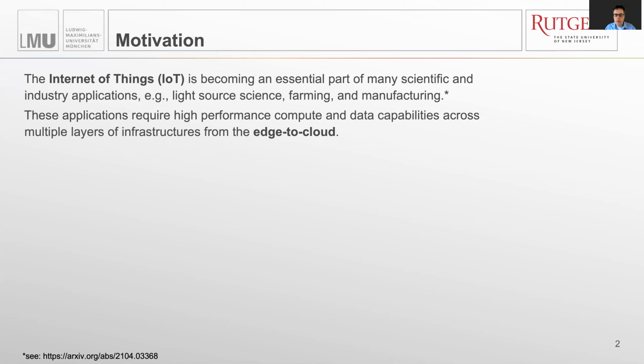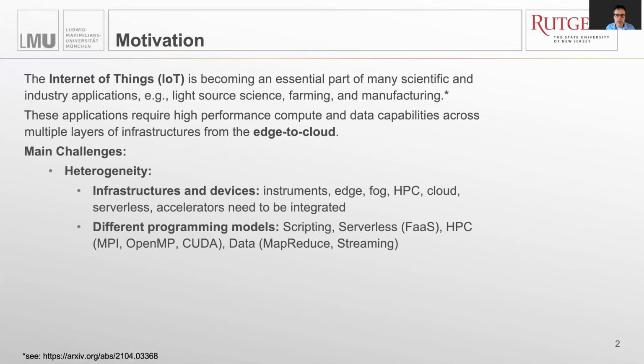However, in order to really benefit from the edge, typically nowadays applications need to utilize multiple layers of infrastructure from the edge to the cloud, the so-called edge to cloud continuum. Doing so is not quite as straightforward as it sounds, because first of all, you have to overcome a large heterogeneity.